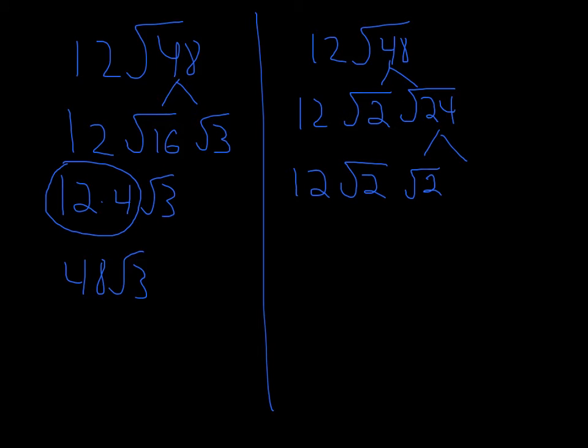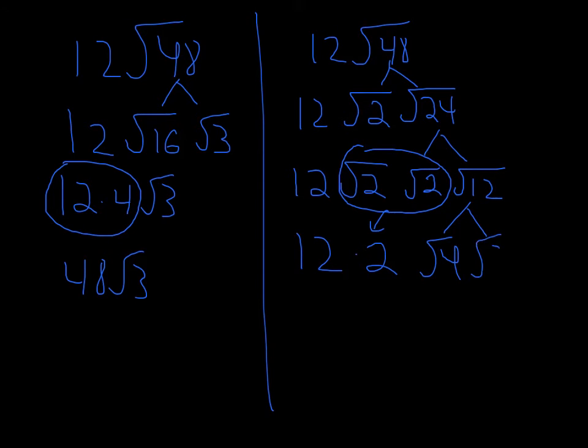Square root of 24 has factors of 2 and 12, so therefore square root of 24 can be written as square root of 2 times square root of 12. Bring everything down, but here I notice a square root repeats. I'm going to bring down the 12. But square root of 2 times square root of 2 is 2 without a root sign. I'm going to break down square root of 12 to be square root of 4 times square root of 3. So we have 12 times 2. I could do that as 24, but I'll wait for that.